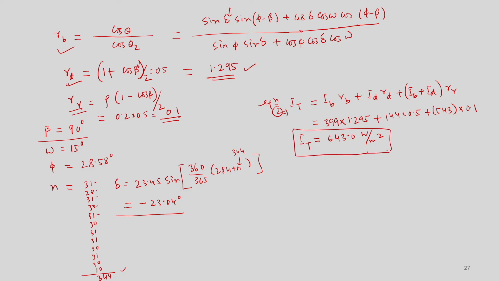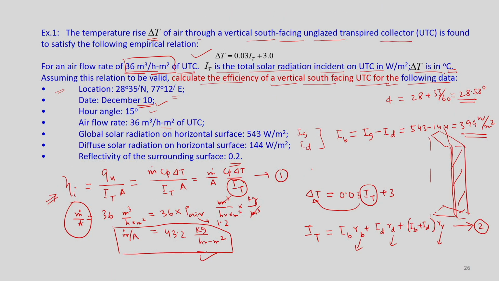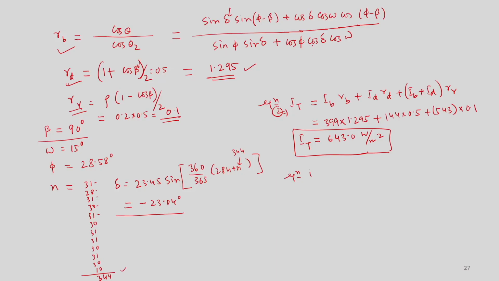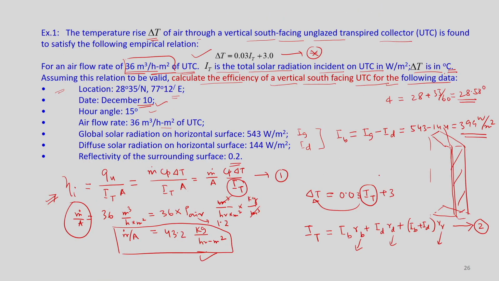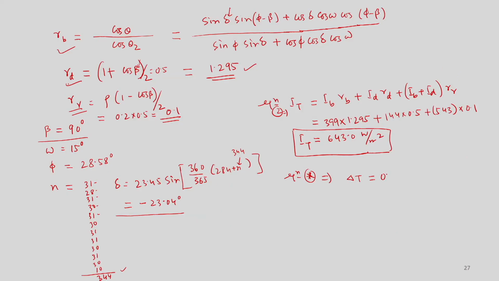Once we know IT, we can calculate delta T by using the equation. The equation was not given, so I can call it equation star: delta T is equal to 0.03 IT plus 3.